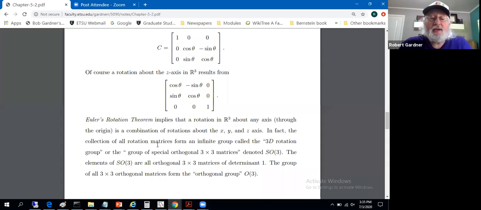We can take the collection of all rotation matrices of these forms, B, C, and D, and they form a group.